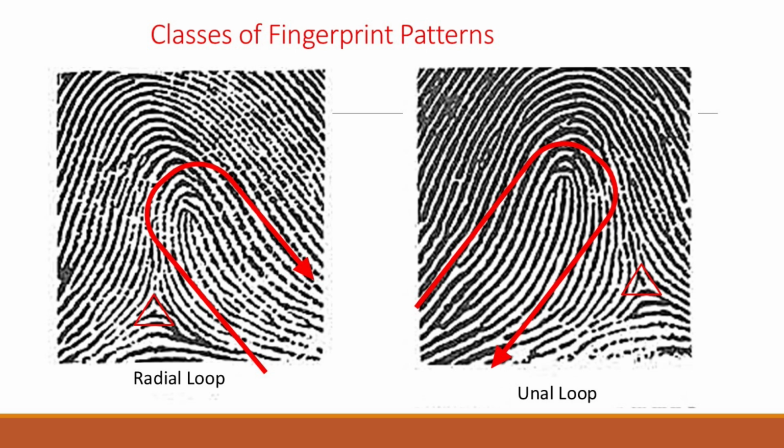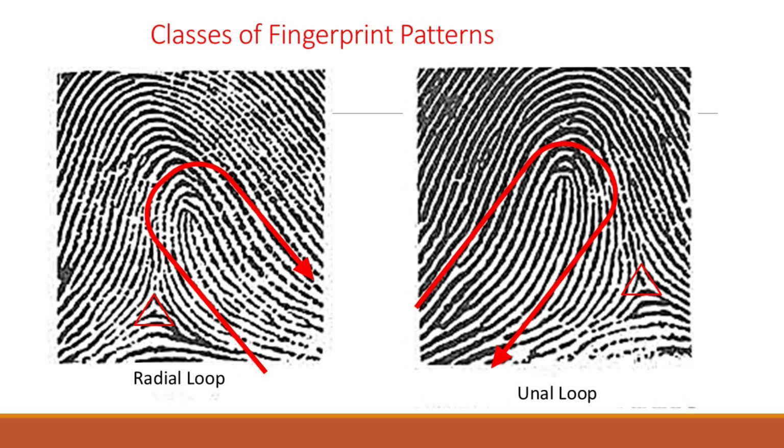Now look at your screen. You see the innermost recurve. You see all these lines. There are some of them that enter from a side, and on getting to a particular point, they recurve back.